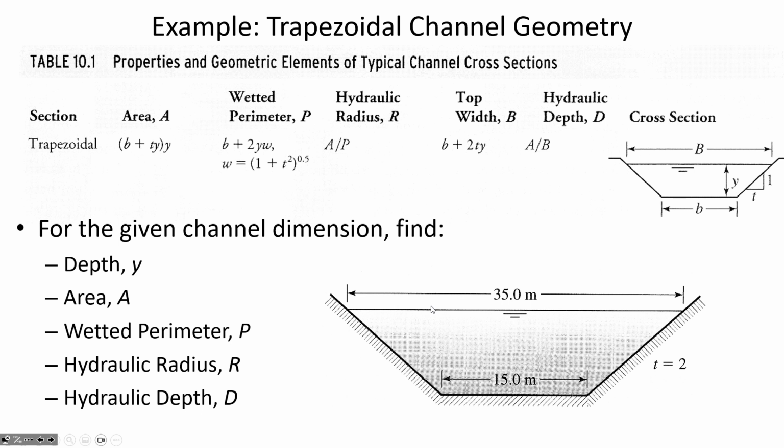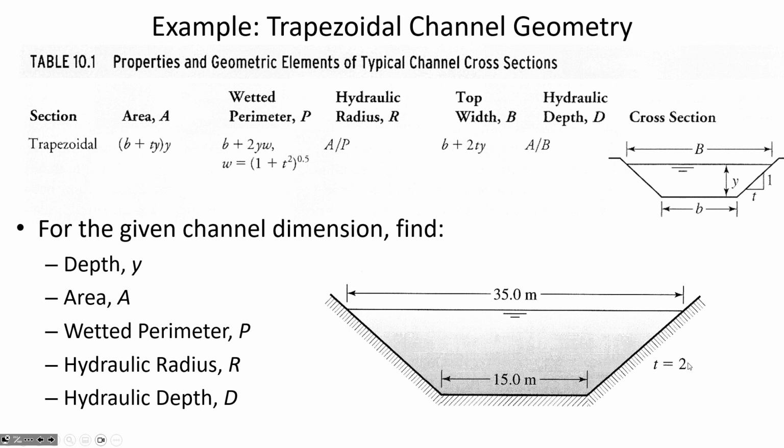What is the depth? We're given that the t is 2. And so that is how we can know the depth of flow: if we have 10 units of horizontal, then we're going to have 5 units of vertical, because y is 10 divided by 2, 5 meters.